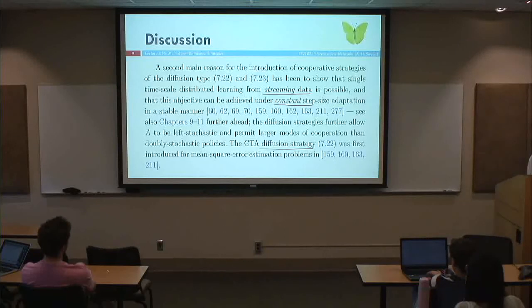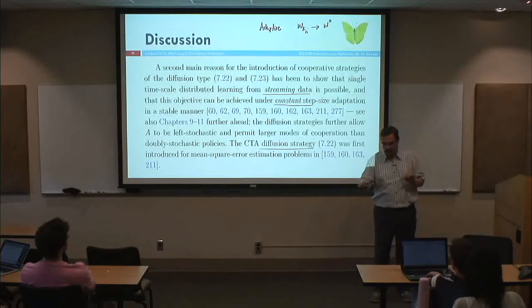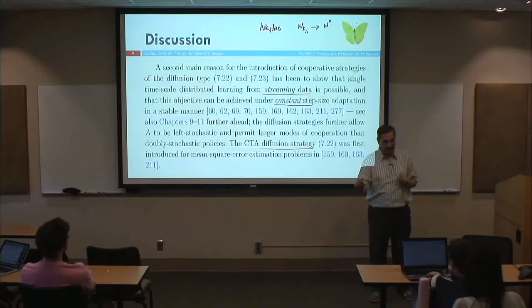Okay, because in the adaptive context, as you are going to see, the W's at the agents are not going to converge to the optimum. Just like in any adaptive implementation, you don't converge to the optimum, you get close to the optimum, right? You get close.